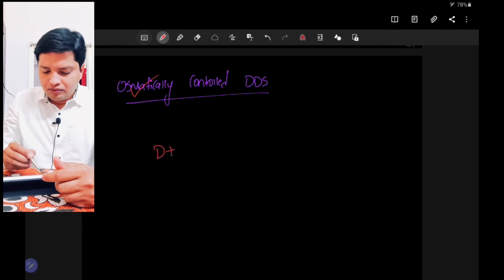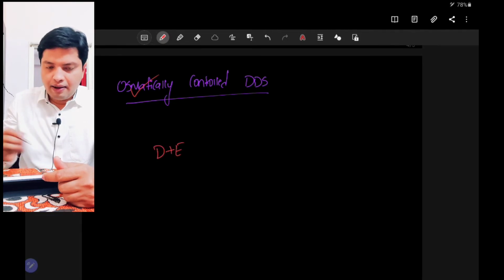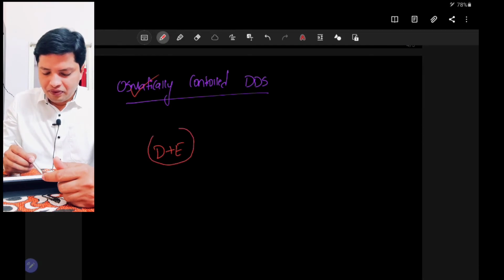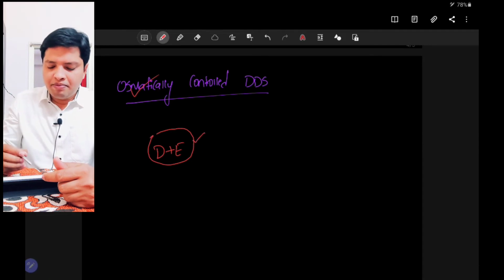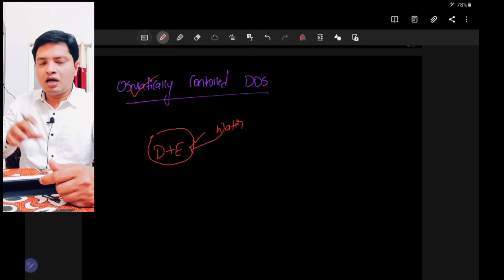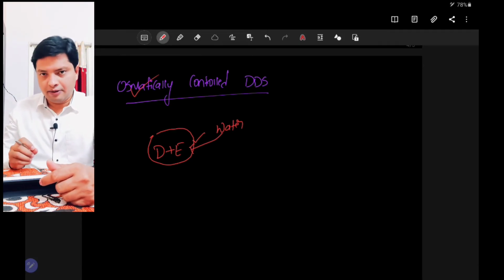Take drug, take electrolyte, mix them and keep them in a membrane which is permeable to water. Water will permeate through this membrane, but this membrane is not permeable to drug and electrolyte.